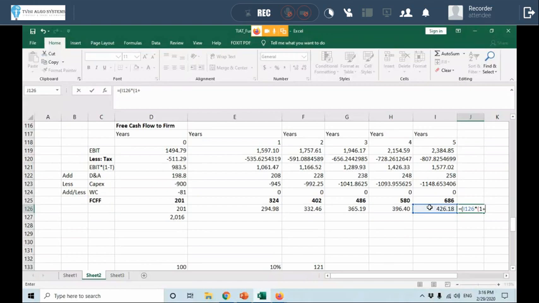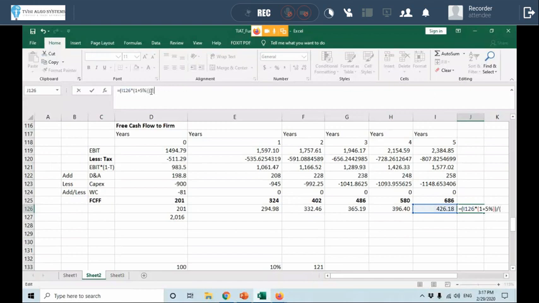Growth rate means the rate at which my business is growing. I am assuming 5%, because this is after 5 years, and now I am taking the perpetual value of the business.